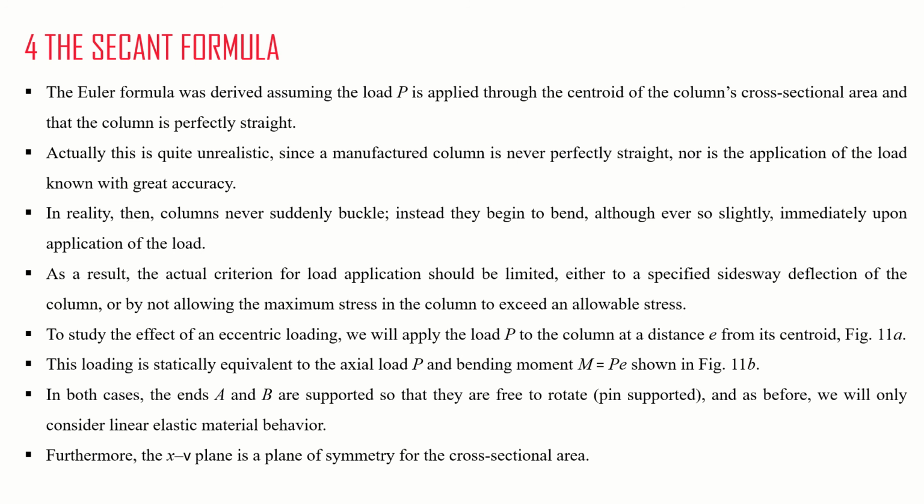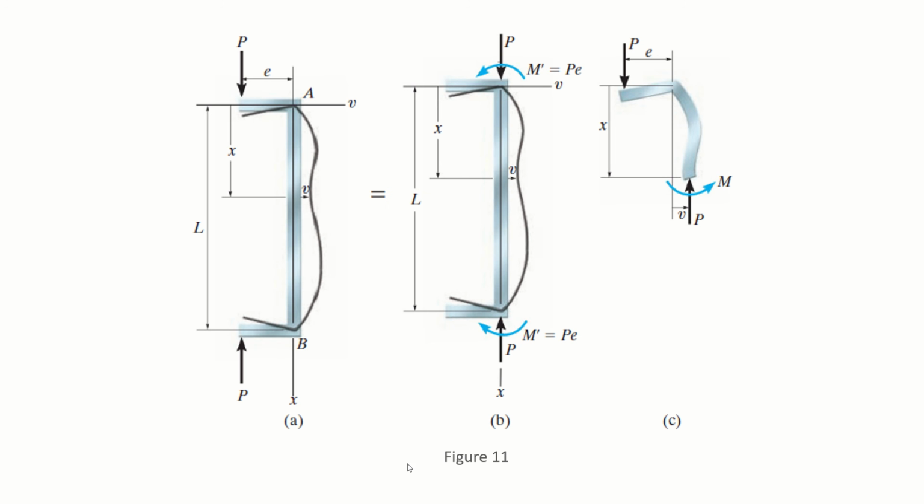Furthermore, the x-v plane is a plane of symmetry for the cross-sectional area. So this is the original condition, which is equal to this one, where you have shifted this P to the neutral axis or the centroidal axis, and you can shift it only by applying an additional moment M, which is equal to this P times e, right?